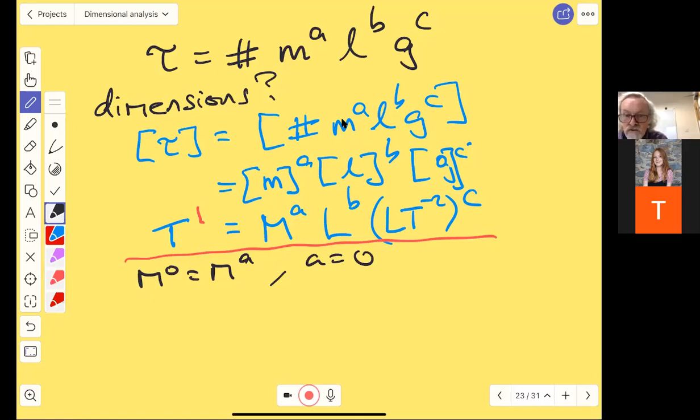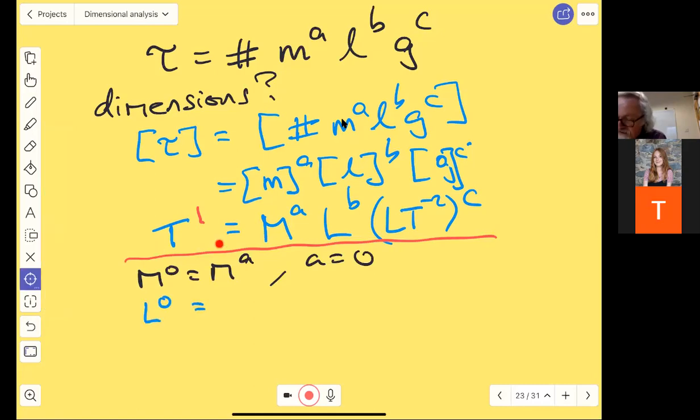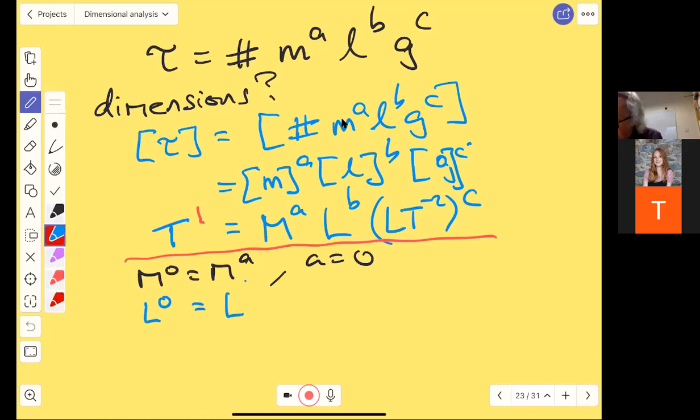And you can start to understand that if you try to turn this into a differential equation, but I'm not going to do that now. What about lengths? Well, we have length to the 0 on this side. So on the other side, we have length to the power of b, and now we multiply out this bracket, we get L to the c.